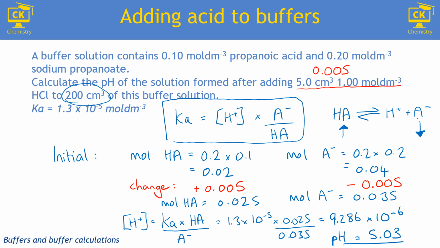You might be thinking that 5 centimeter cubed of 1 molar acid is not very much. If I added that to the same volume of water, it would probably have a pH of less than 2. So you're talking about a tiny change in pH compared to what would happen if the salt and its weak acid were not present to buffer that.